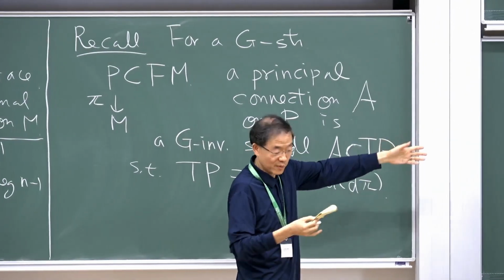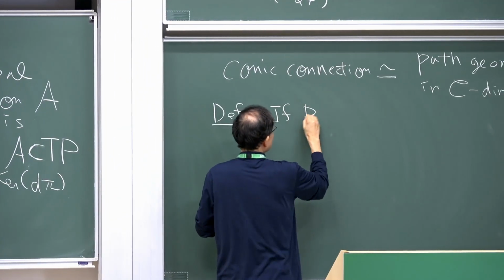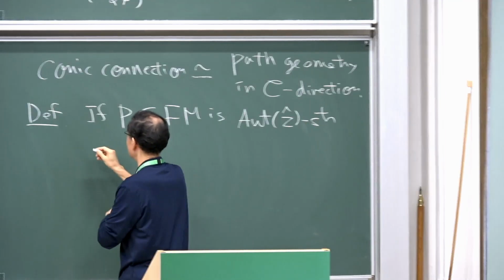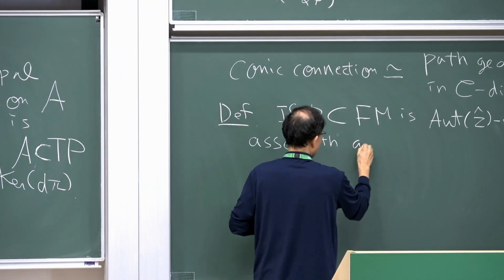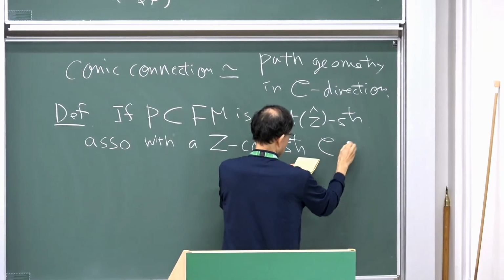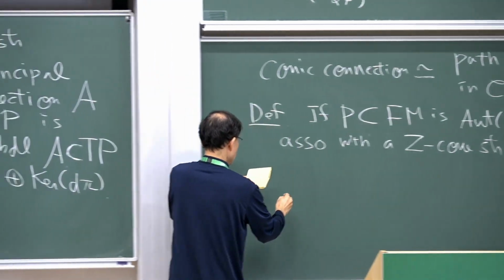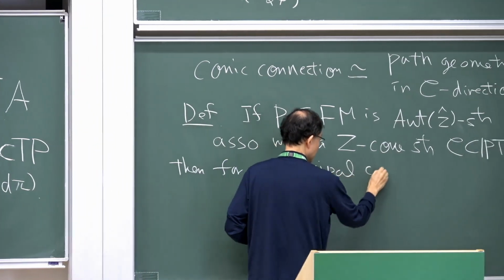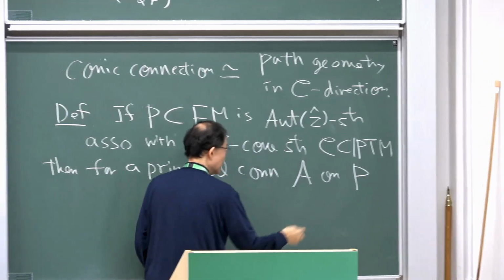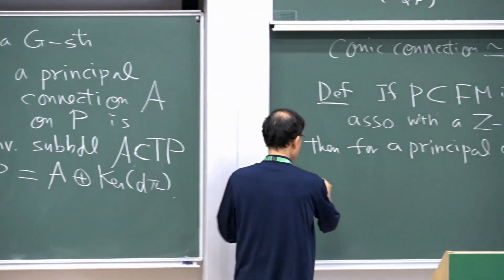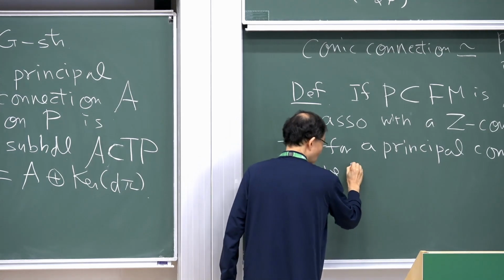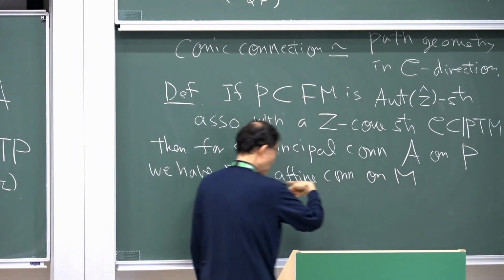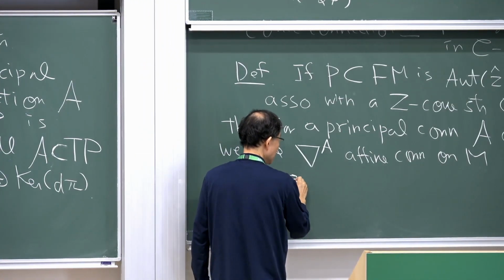Okay. Now, usually a conic connection arises in the following way. If P is an Aut(Z hat) principal bundle, a structure associated to a Z cone structure, then for a principal connection A on this principal bundle, we have an associated affine connection on M. The associated affine connection defines associated geodesics.